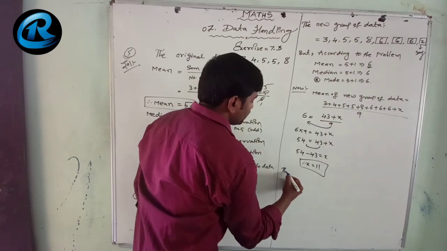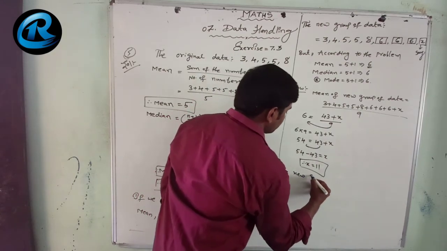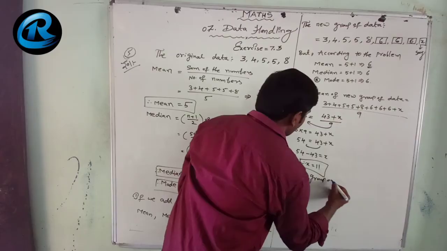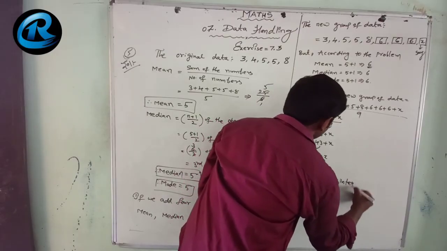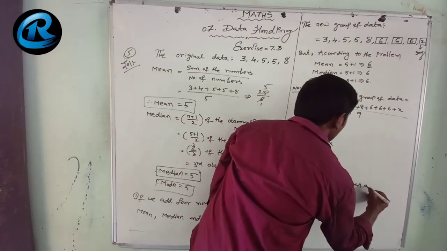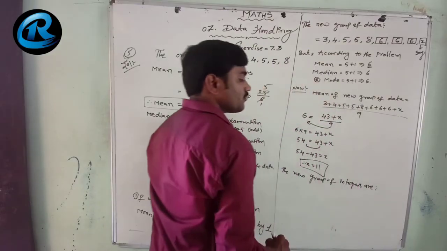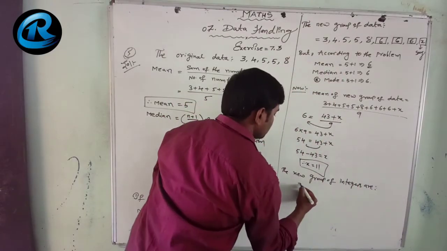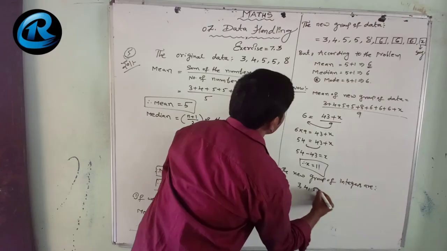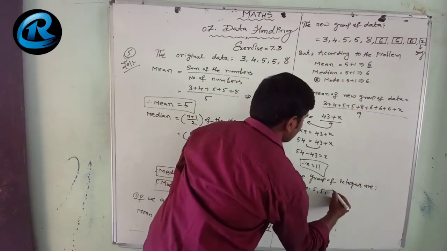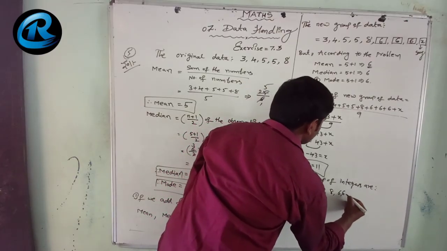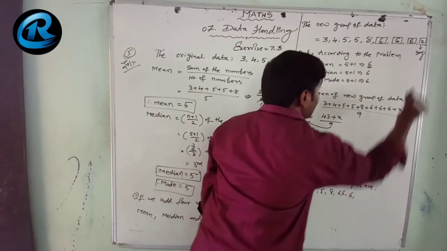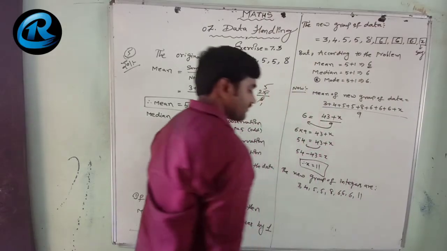Now the new group of integers are 3, 4, 5, 5, 8, 6, 6, 6, and the last x value is 11.